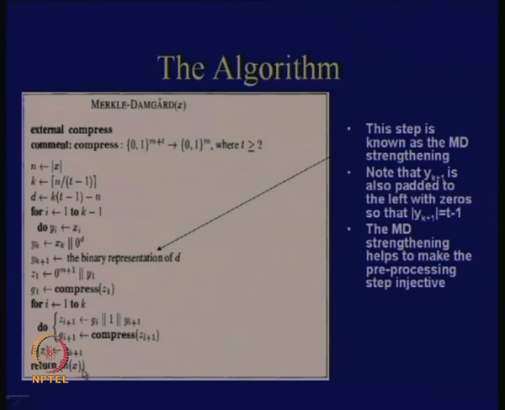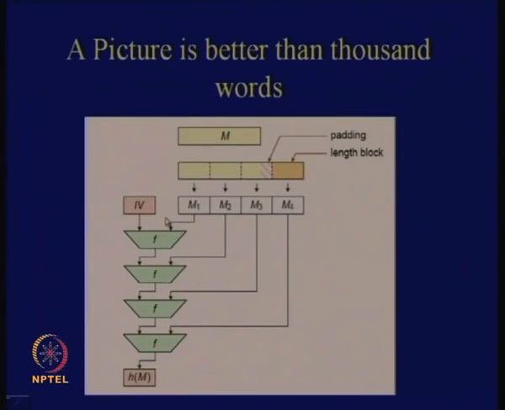So you note that this is a pseudo algorithm way of representing the story, but diagrammatically it will look like this. You take the value of m and do an additional padding to the kth block, and then finally you add the length block also, which is the yk plus 1th block in the pseudo algorithm. Then you take each m1, m2, m3 and so on, and this is the IV value.